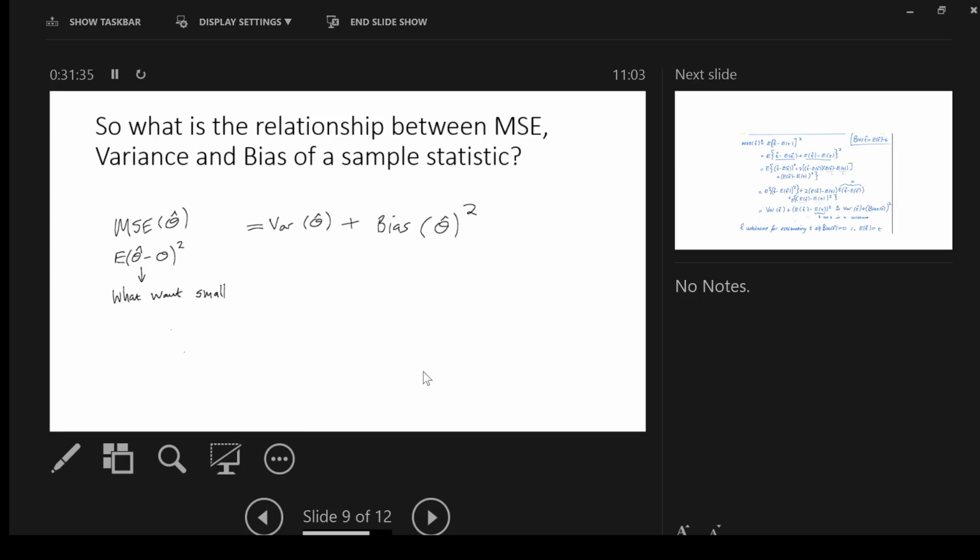What is this saying? This is saying I'm going to have a single sample, I'm going to work out a theta hat. If the mean square error is small, it means there's a mathematical proof to show, even though I've got one sample, it's going to give me one theta hat. I can expect this thing to be small, expected value of theta hat minus theta squared. For that to be small, it means the mean square error is small.